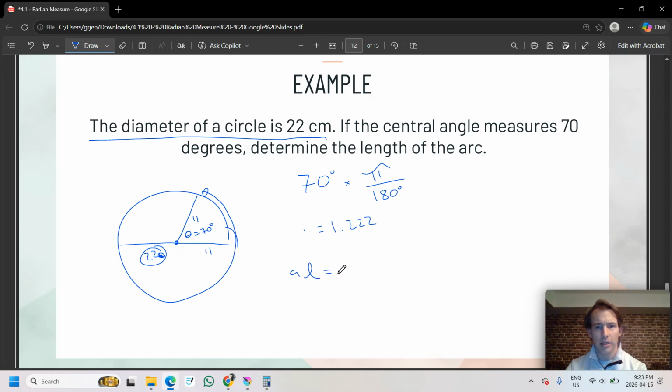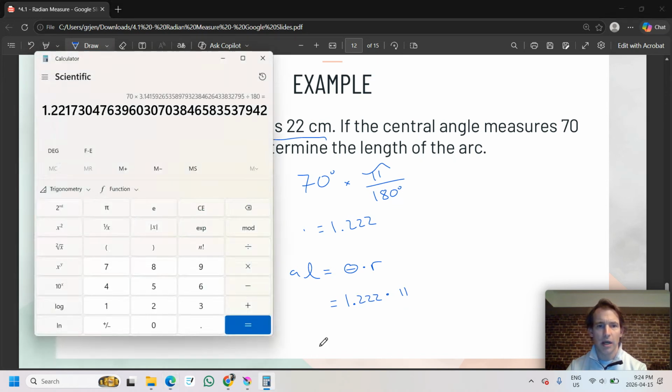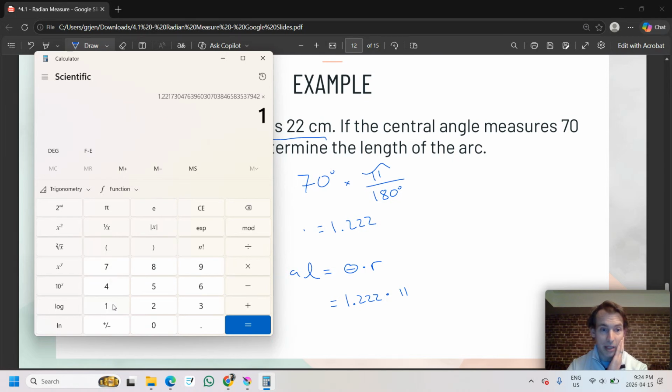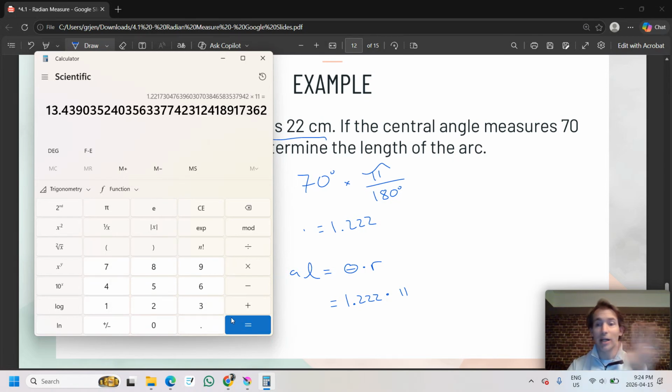Arc length is equal to the angle multiplied by the radius. So that is to say 1.222 times 11. I already have the number here without any rounding yet, so I'm just going to multiply that by 11. Don't be in the habit of writing a number down on your page that's rounded and then working with that rounded value.